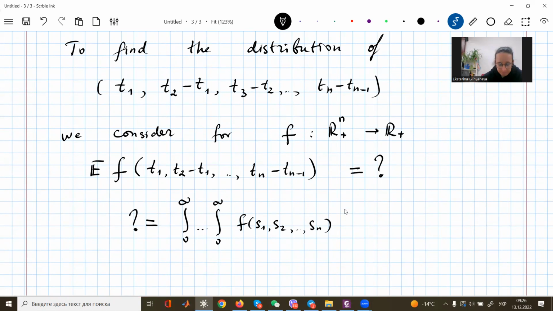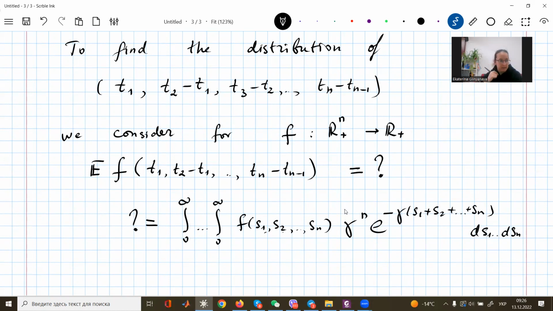If we have independent variables, this will be gamma to the power n, exponent of minus gamma times s1 plus s2 plus and so on plus sn, ds1 ... dsn.